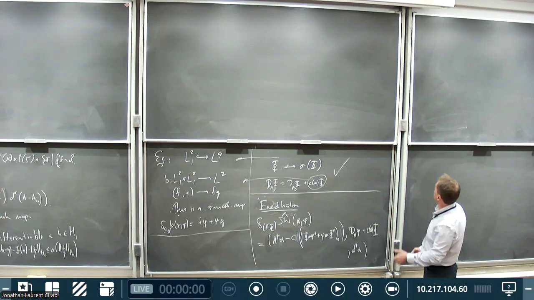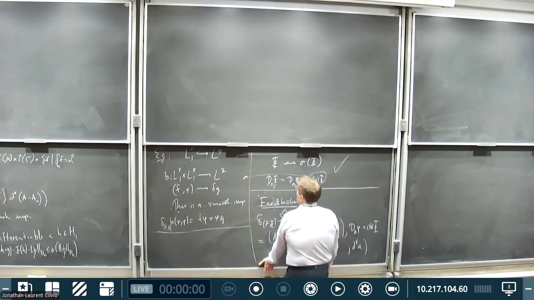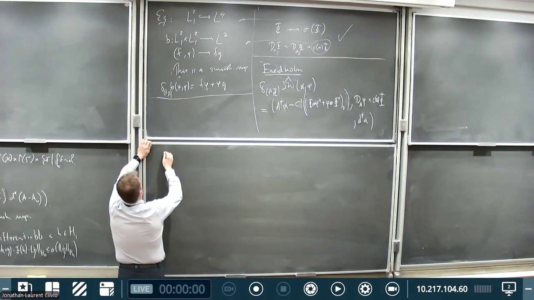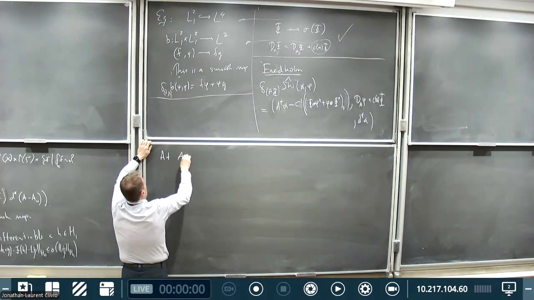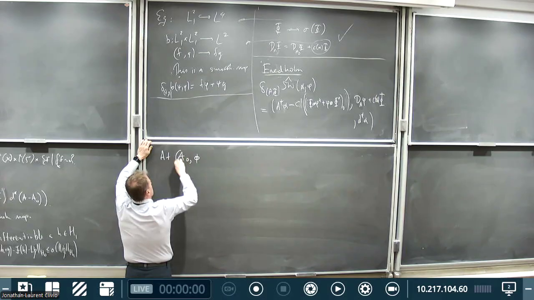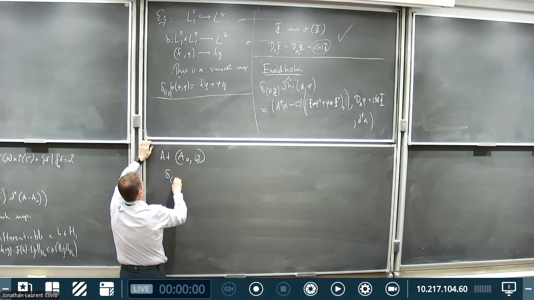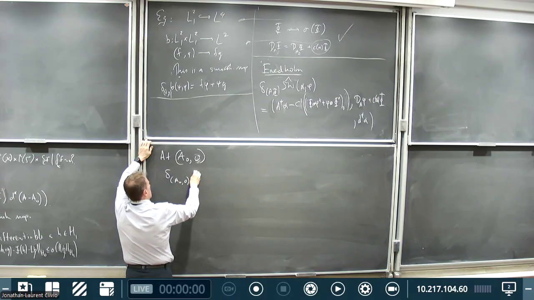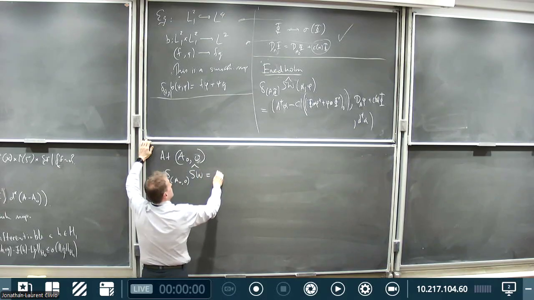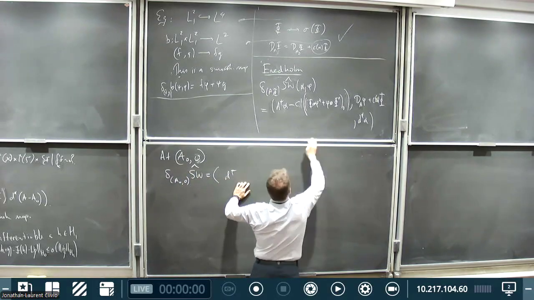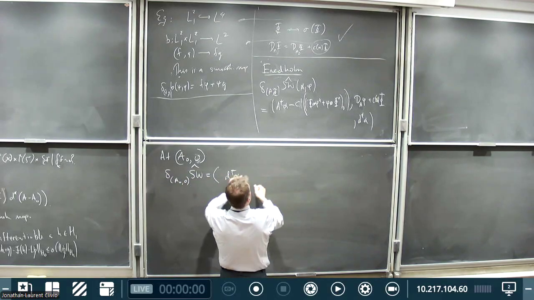So in particular, at A naught and 0, this differential is d plus d star, that term d plus alpha.